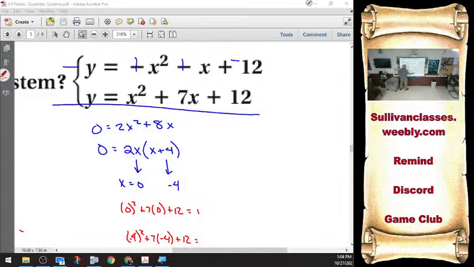Plug in a 0, I get a 12. Plug in a negative 4, we get 16, negative 28, negative 44 plus 12 is a negative 32, question mark? Oh, that's right. Womp womp. 16 minus 28 is negative 12, plus 12 is 0. So 0, 12, and negative 4, 0.